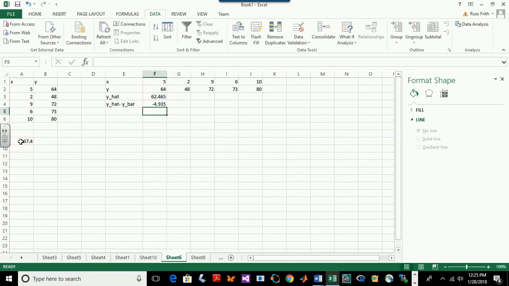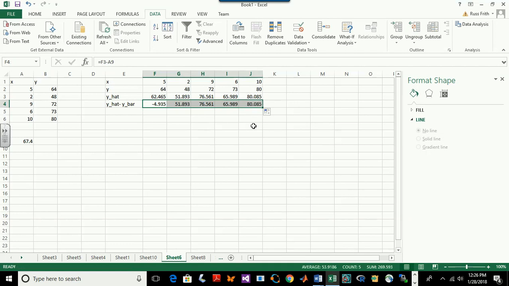And so negative 4.935. Okay, so now if you want to calculate the y hat values, I think if you just grab this cell handle, if it'll let me, like that, and so there are your y hat values.